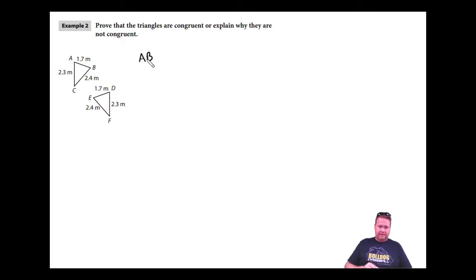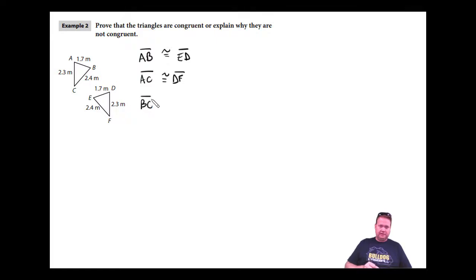The first one we can say is that AB is congruent to ED because those are both 1.7 meters. And then AC, which is 2.3 meters, AC is congruent to DF, which is also 2.3. And last but not least, that leaves BC, which is the 2.4.